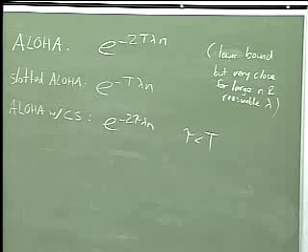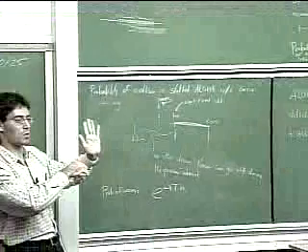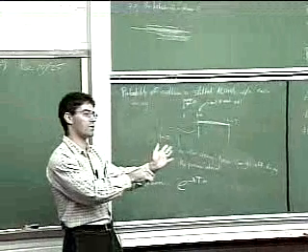Is it worth covering slotted aloha with carrier sensing? Why not? Yeah. There's no point in adding carrier sensing to slotted aloha because with the slots we're already coordinating the transmission times of all devices.